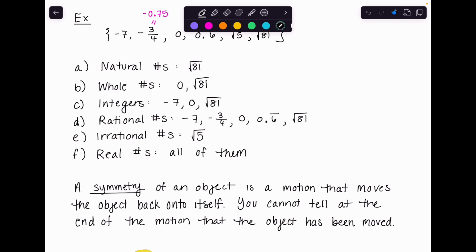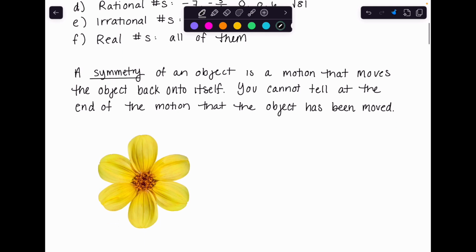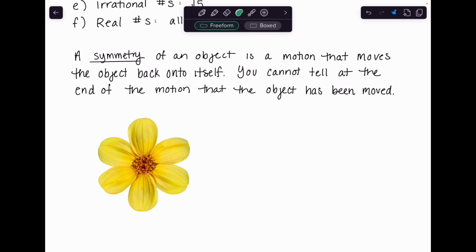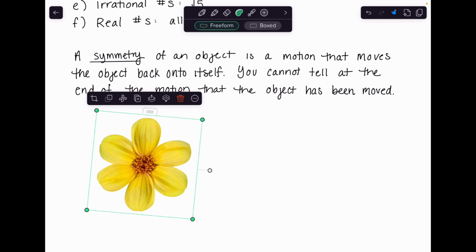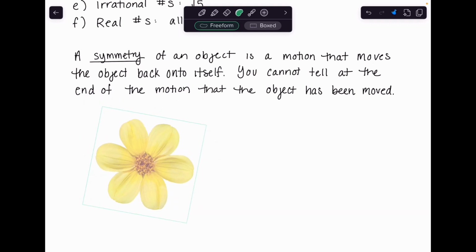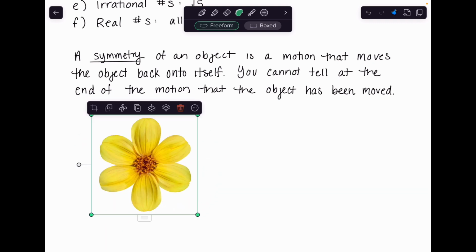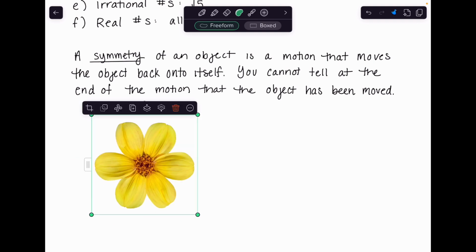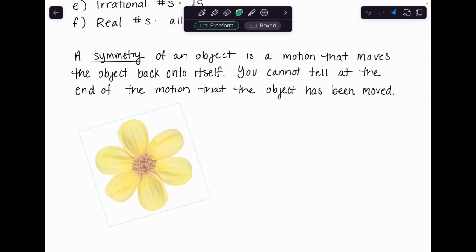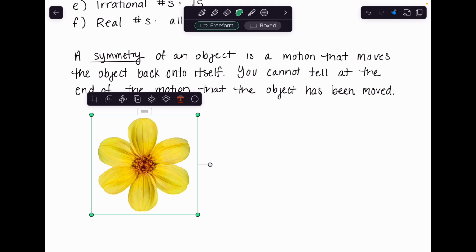And so the way we're actually going to talk about this is through clocks, but you can think of it also by flowers. So this is just an example of a nice little flower here, but this one has 6 petals that are all the same size. So if I go ahead and I rotate this petal around, you're really never going to be able to know that it was ultimately moved because it'll land in exactly the same spot.